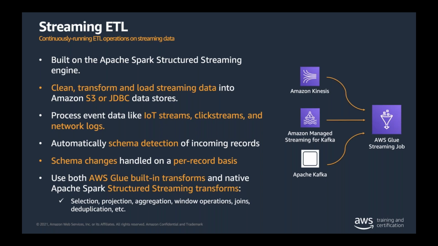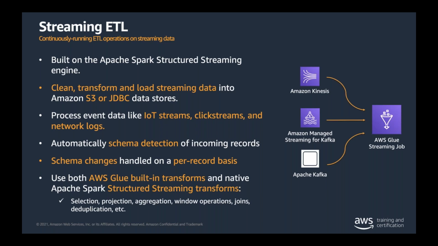The job cleanses and transforms the data, and loads the results into Amazon S3 data lakes or the JDBC data stores that you have. You have the option to use both Glue built-in transforms and transforms that are native to Spark Structured Streaming.